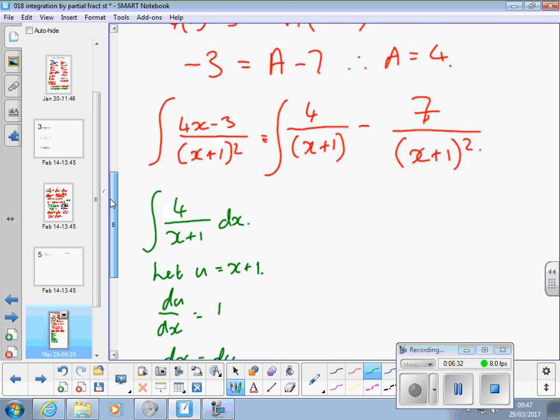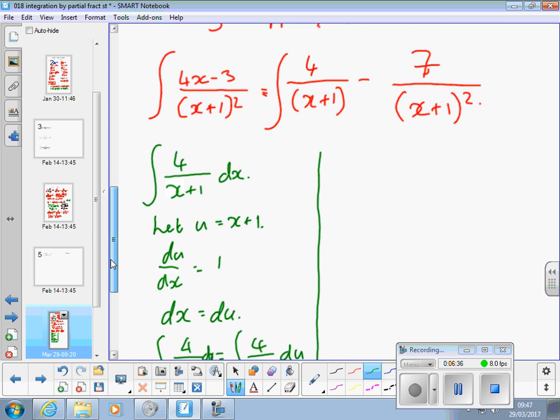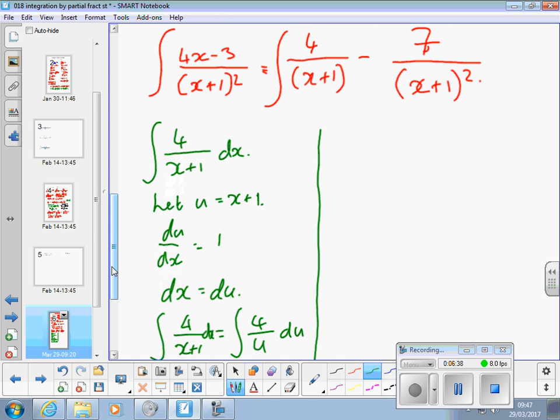So that's that side dealt with, and I think you all got that quite ably. If we've got a fraction like that, it's going to end up with a ln function, the constant's going to come in front, and we put whatever we call u inside the brackets of the log function and add a constant.